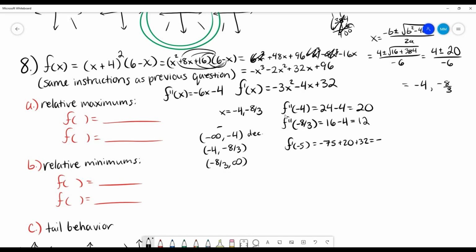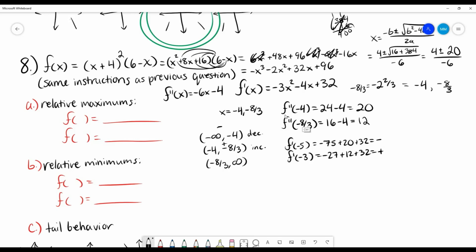If I plug in -8/3, which is the same as -2 2/3, I'm going to plug in a -3 here for this interval. That's going to be 9, -27, plus 12, plus 32. That's positive. So that's increasing.